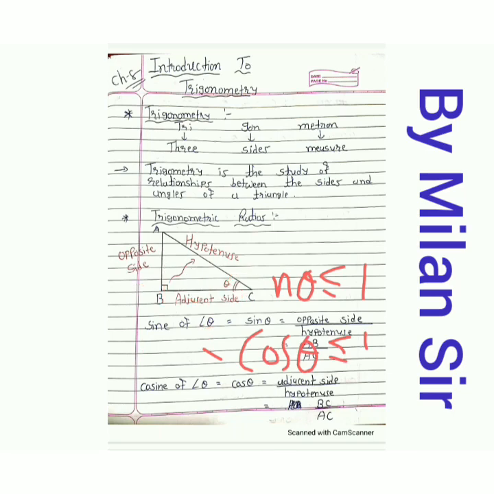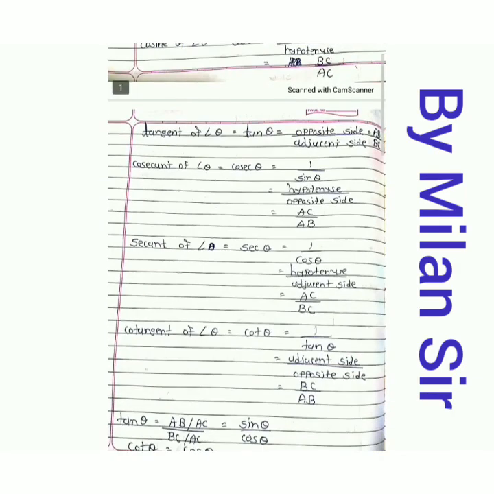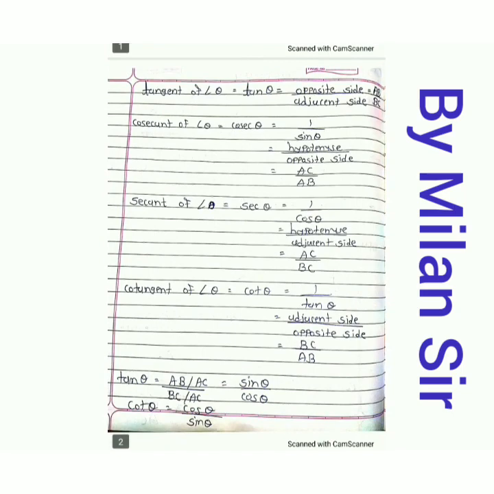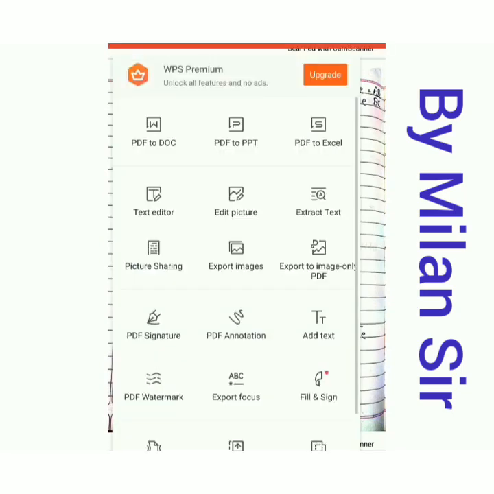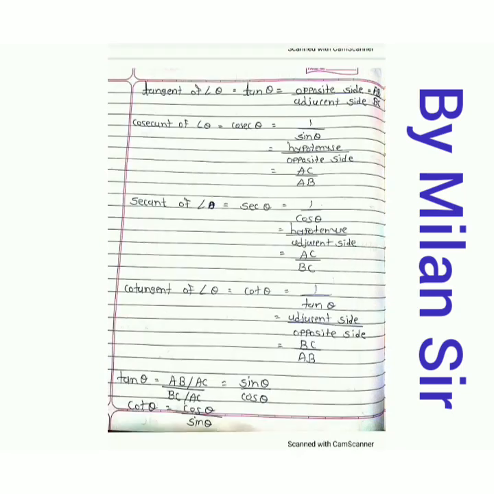Now it's the time for tan theta. The full form of tan theta is tangent of angle theta. Formula of tan theta is equal to opposite side upon adjacent side. First of all, I draw that right angle triangle.